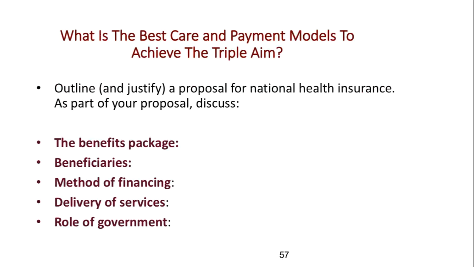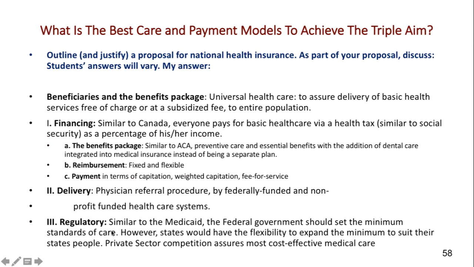You can actually decide. Now, let's go back to the first question we had. You are hired as a general surgeon to outline the proposal for national health insurance. And as part of your proposal, you have to discuss these factors.